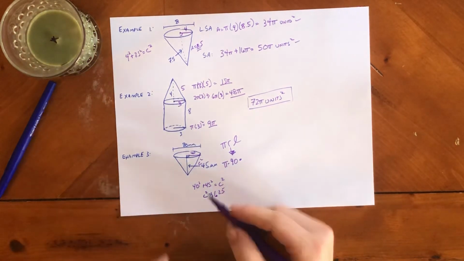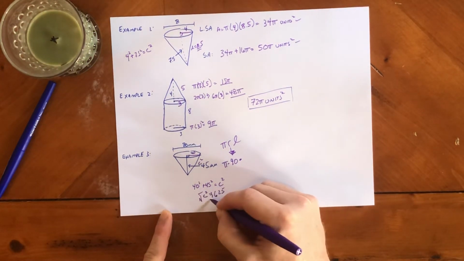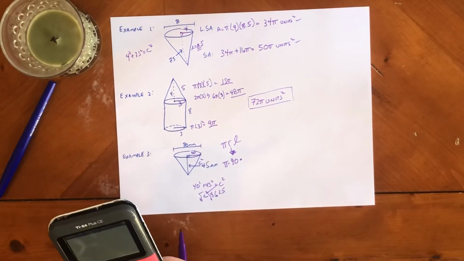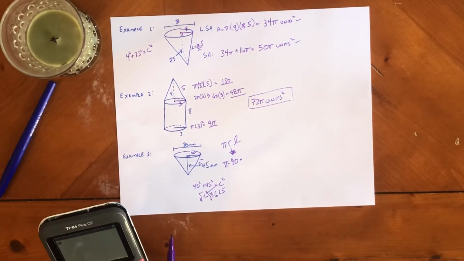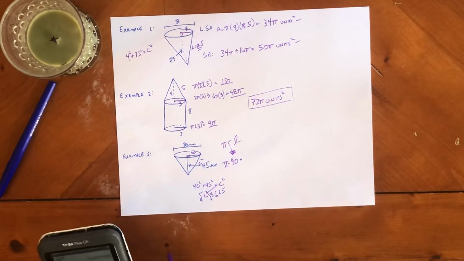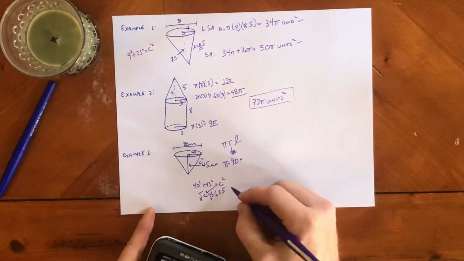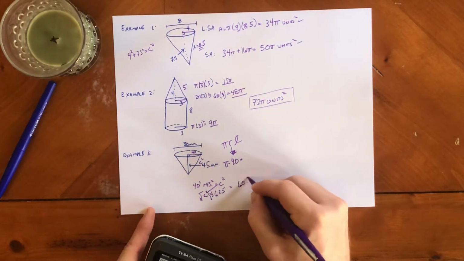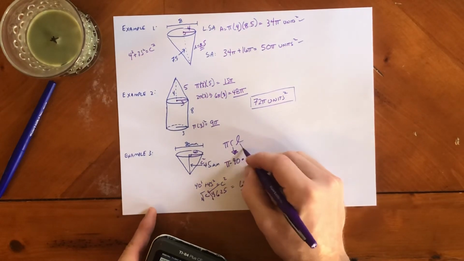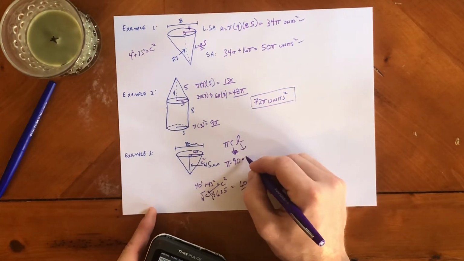You know what? Don't make it harder than it needs to be. Take the square root of both sides. Square root of 3625 is 60.2. And that is what the lateral edge is.